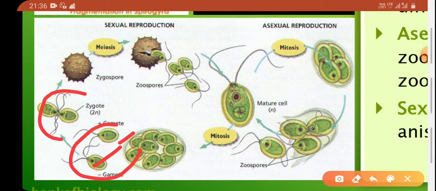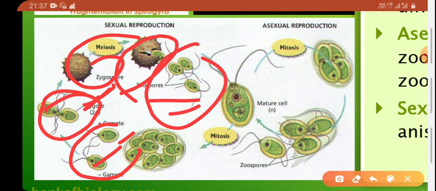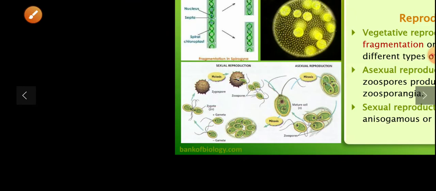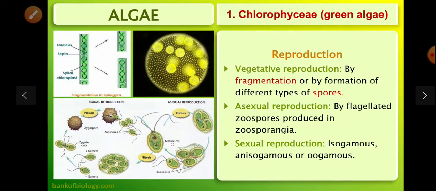They will join to form a zygote. Zygote will form zygospore. Again meiosis will take place and a fully mature adult will grow. Finally, again from meiosis it will change. So this is the life process in the sexual case, and this is the asexual reproduction.